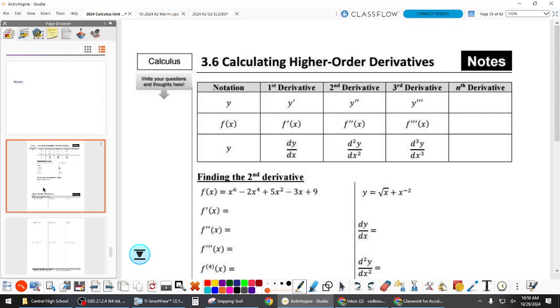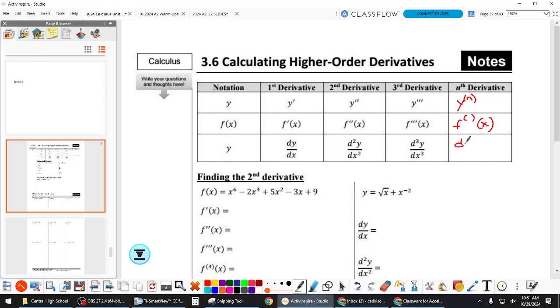And this is just notation for higher order derivatives, depending what we have in terms of y's, f's, or Leibniz notation. And as we get out to this, obviously we're not going to just make 15 tick marks, so we can do, in parentheses, our derivative count.